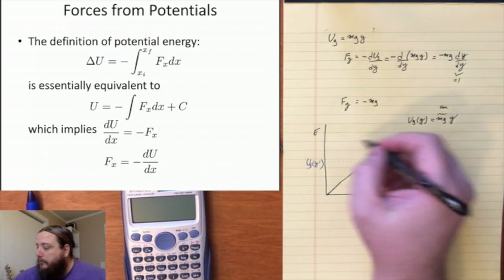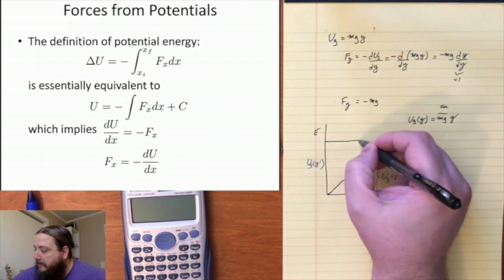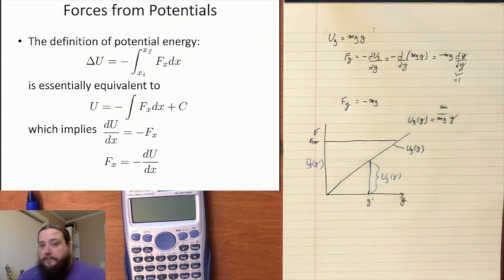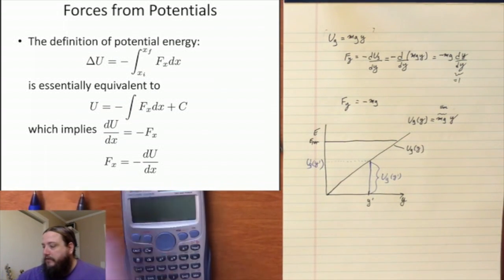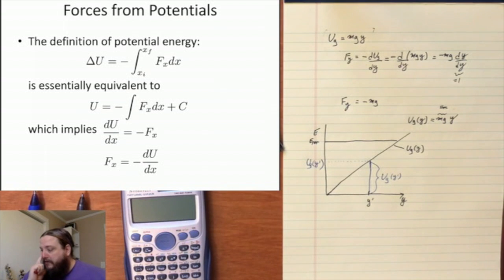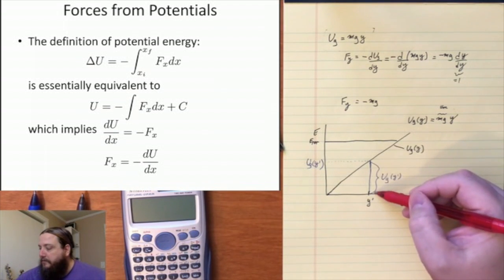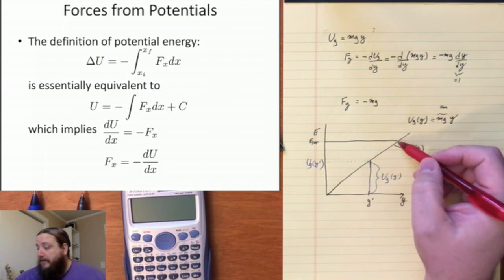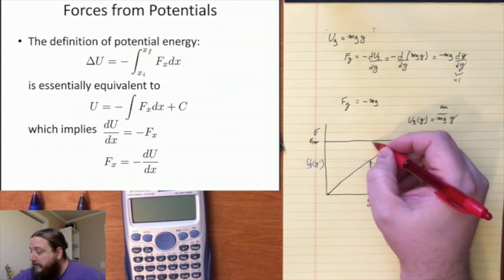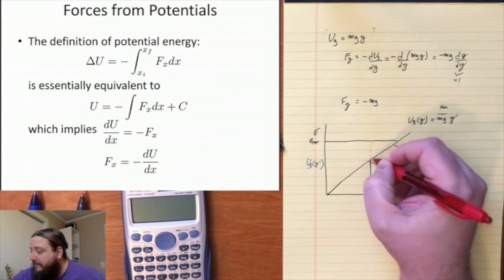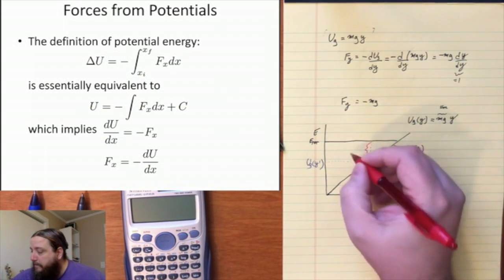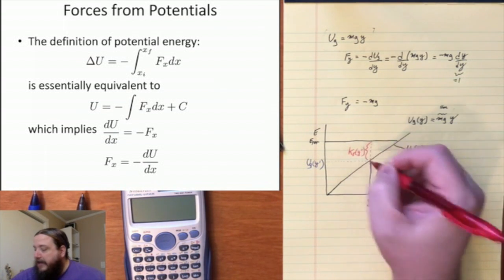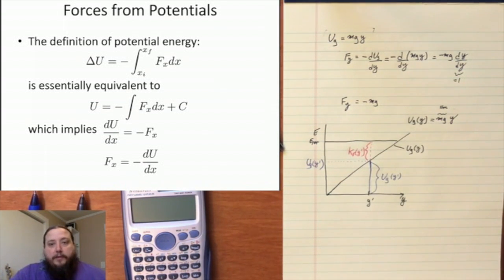And if we had a total mechanical energy up here, E total, then obviously if this is the gravitational potential energy, and there aren't any other potential energies involved, and this is our total energy, then this distance here must be our kinetic energy at that same position y prime.